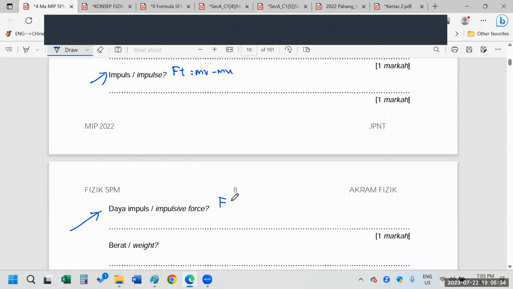So impulsive force is F equals (mv minus mu) over t. So what is impulse? mv minus mu. What is minus? Change. So we say the change of momentum.